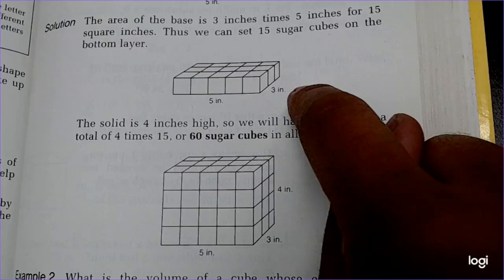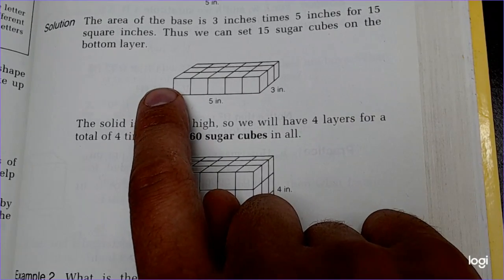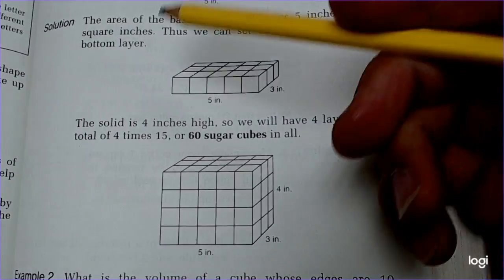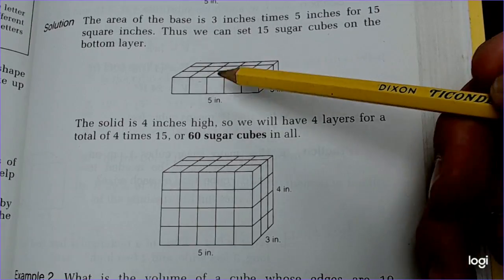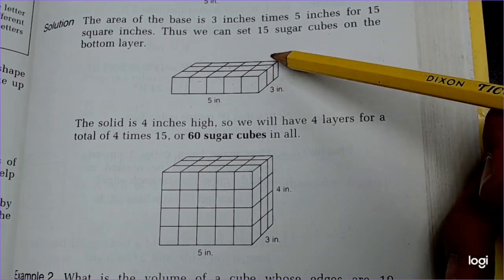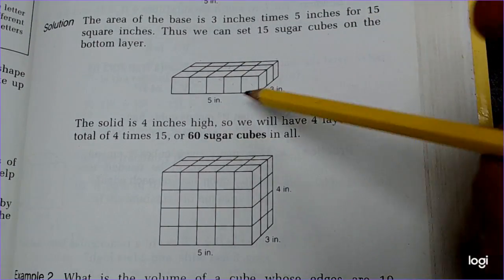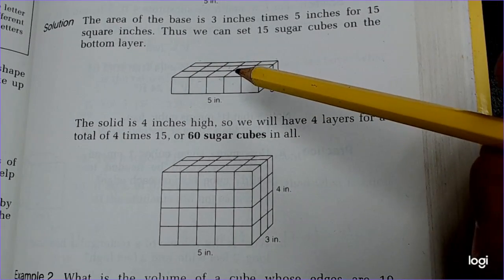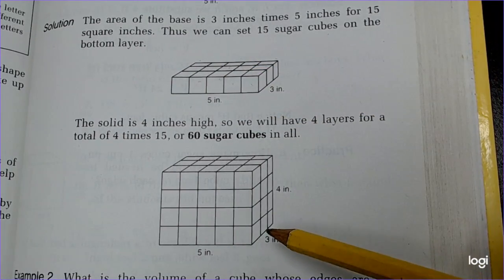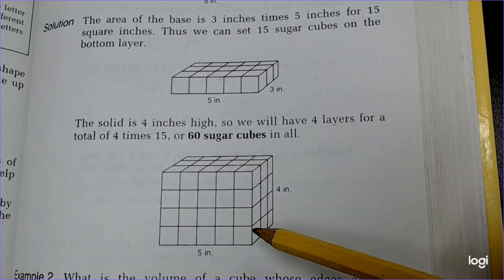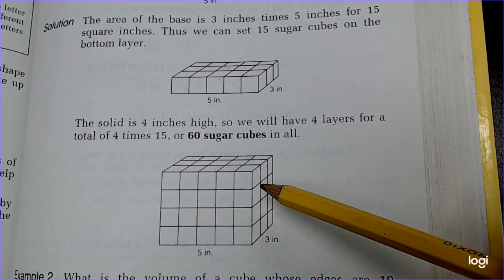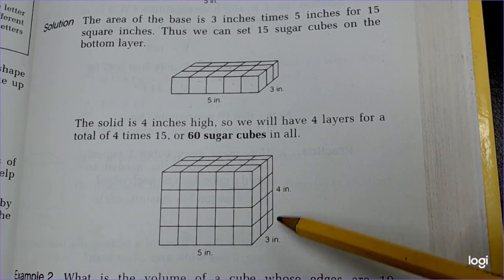So if I can find the area of that shape, that's going to be 15, and I can even count it here. I've got 1, 2, 3, 4, 5, 6, 7, 8, 9, 10, 11, 12, 13, 14, 15 square inches right here on the base. Now if I look down at the full shape, I've got that same base repeated 1, 2, 3, 4 times with a height of 4 inches.